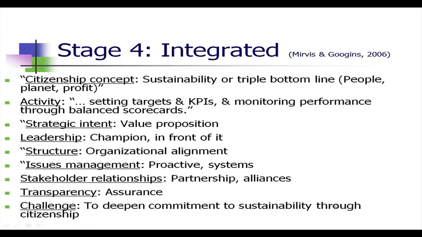So it's more about assuring people in the community that the organization is really doing something for them. The challenge here is to deepen commitment to sustainability through citizenship among the employees, among the stakeholders. So that is the challenge that the organization is dealing with.